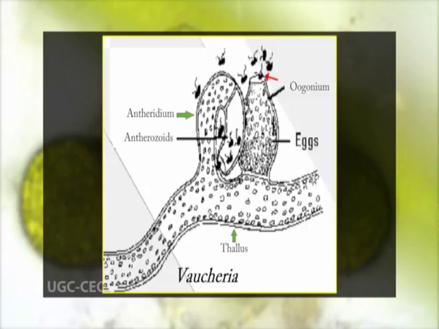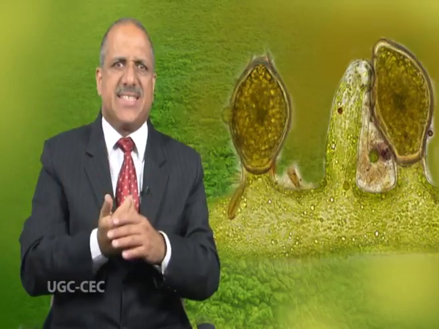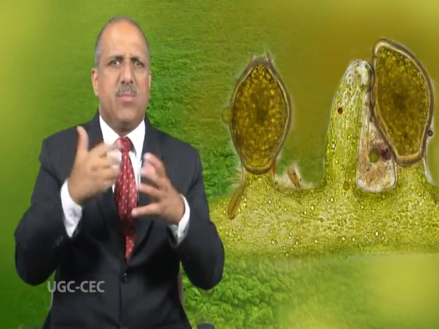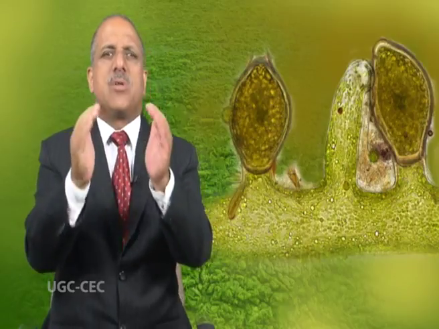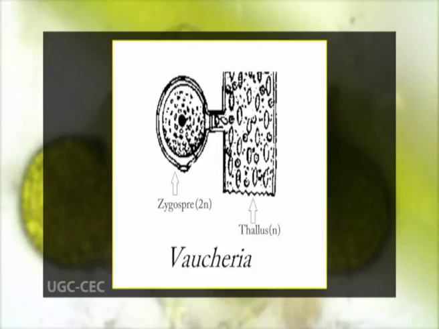Only one of the many antherozoids enters the oogonium and finds its way into the ooplasm through the receptive spot. The nucleus of the antherozoid is smaller than the nucleus of the egg cell. After entering the egg, the male nucleus gradually increases in size and becomes nearly equal to the size of the egg nucleus. Then the two nuclei fuse to form a diploid zygote.